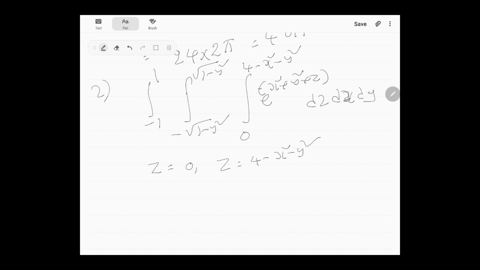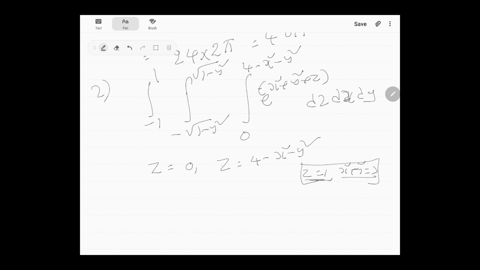If I put z is equal to some constant 1, 2, 3, 4 like that, say z is equal to 1, then x square plus y square is equal to 3. On the plane z is equal to 1, again a circle. So for different values of z, it represents circles. For z is equal to 4, it represents a point circle.